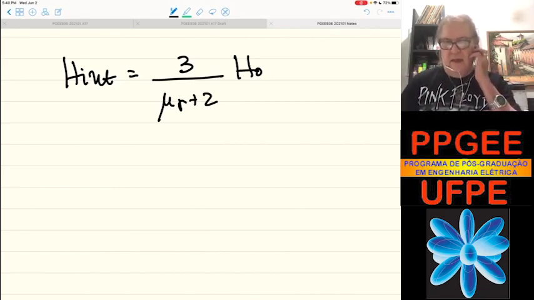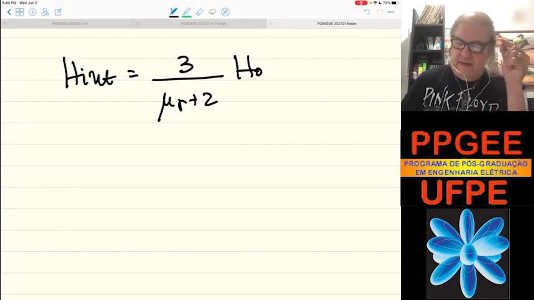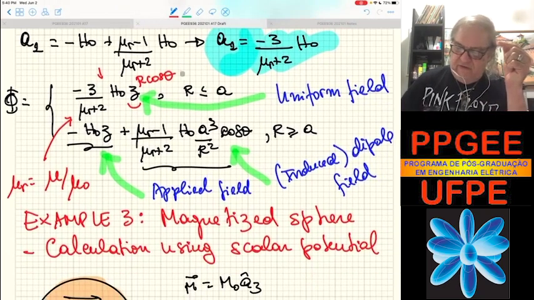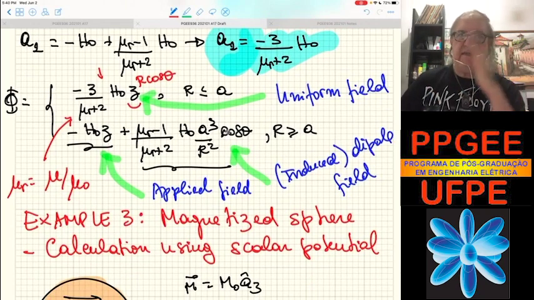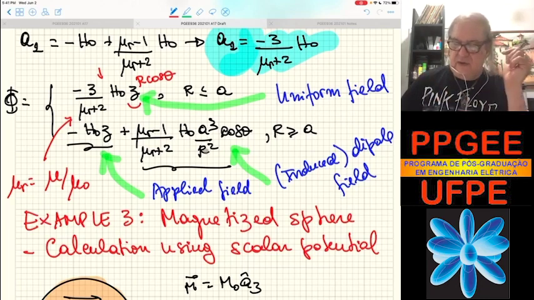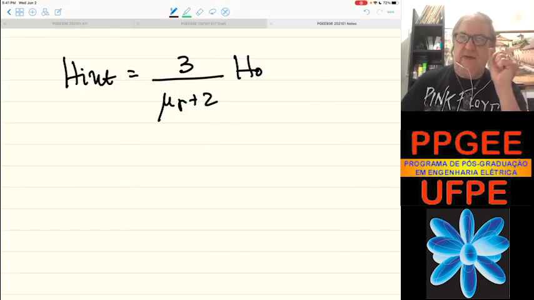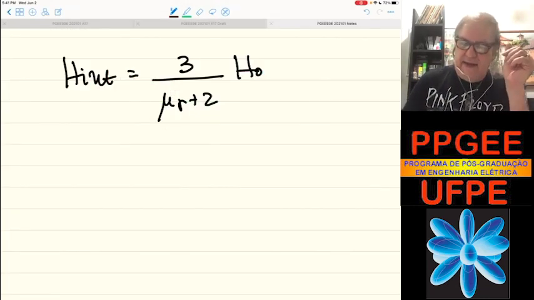Okay? So I want to determine what this term is. Of course, this is the dipole field, because it changes with the angle cosine theta and goes with the inverse square law. So we want to relate the magnetic dipole.